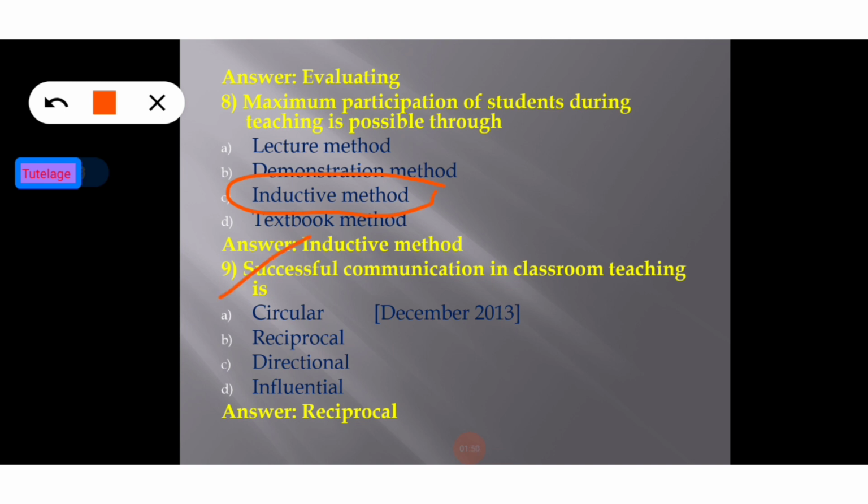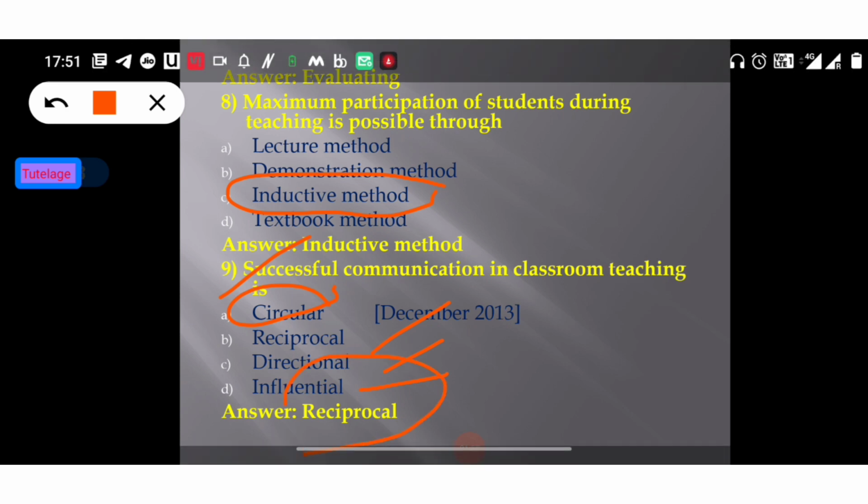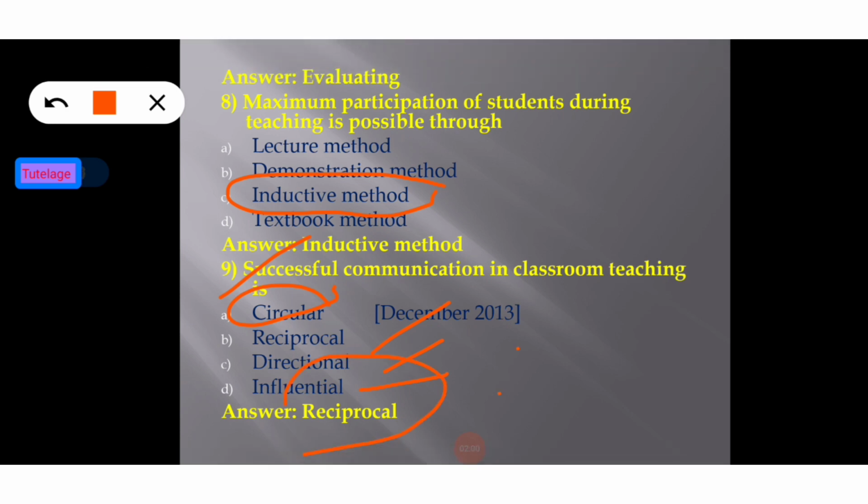Successful communication in classroom teaching is known as circular, reciprocal, directional and influential. So sorry, reciprocal is the correct answer. Every successful communication in classroom teaching is reciprocal. There are two elements, that is teacher and student.